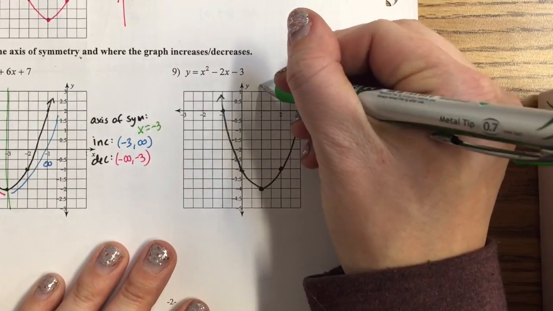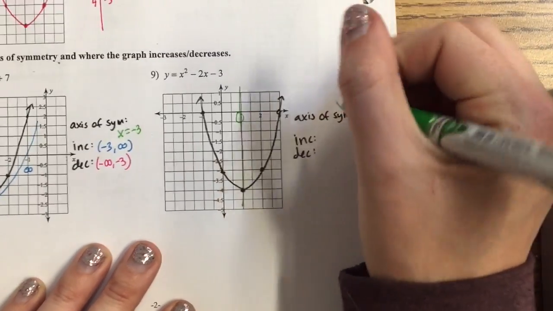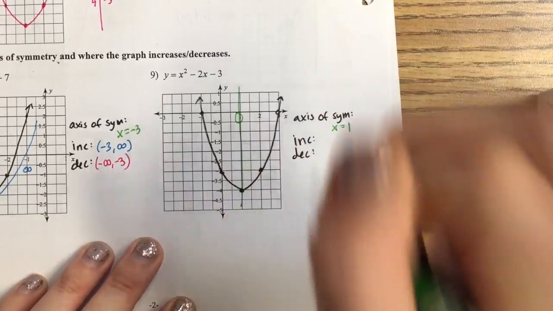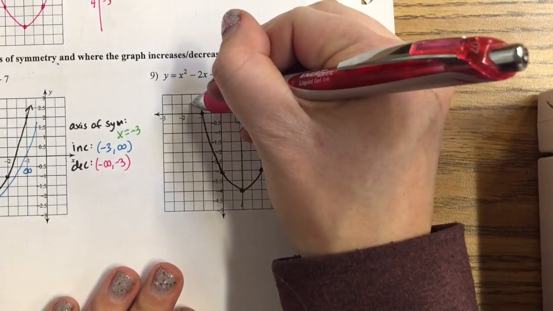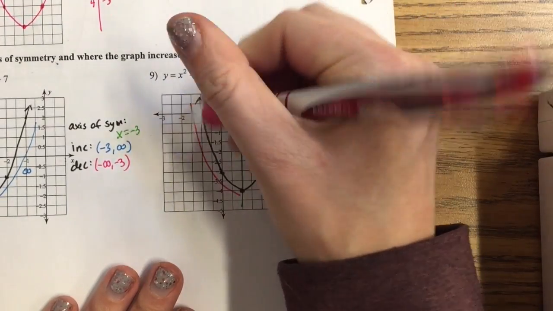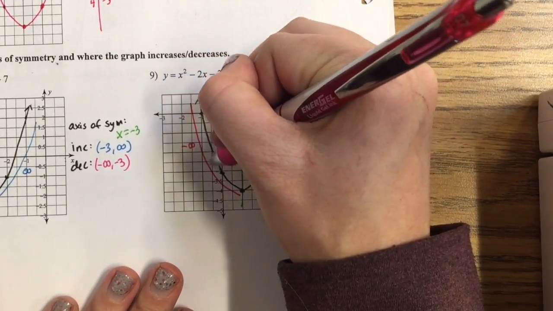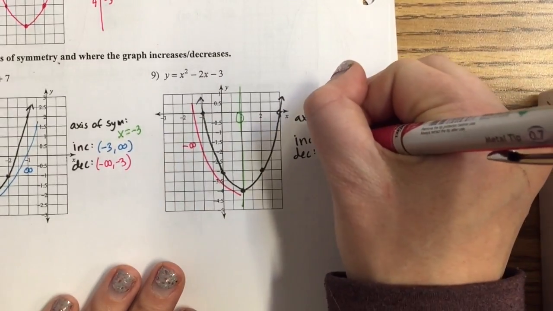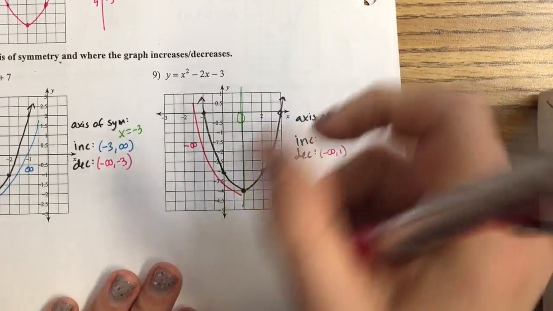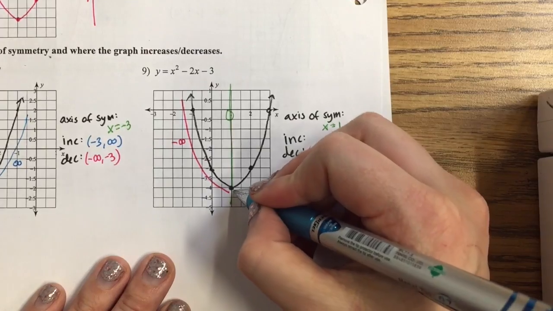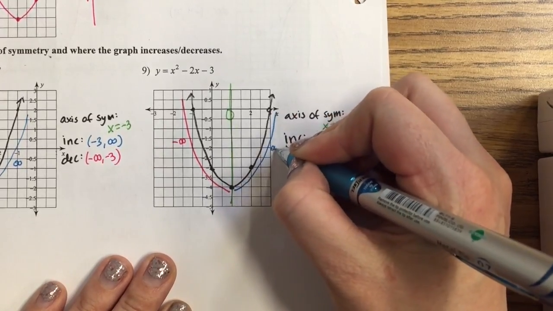On number 9, axis of symmetry, x is equal to 1. This section is decreasing from negative infinity to 1, and it is increasing from 1 to positive infinity.